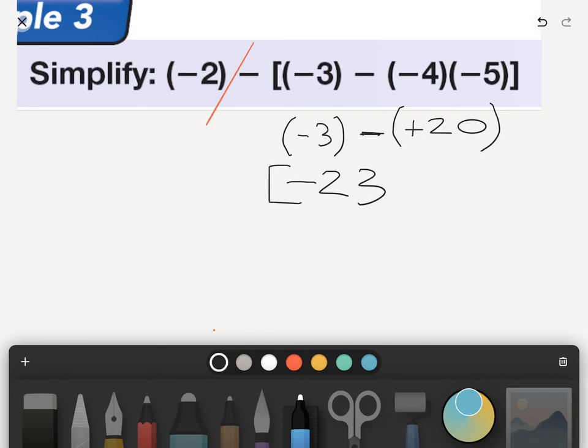I'll put parentheses on this, though it was sort of in the brackets. But we are assigning a negative value to that.